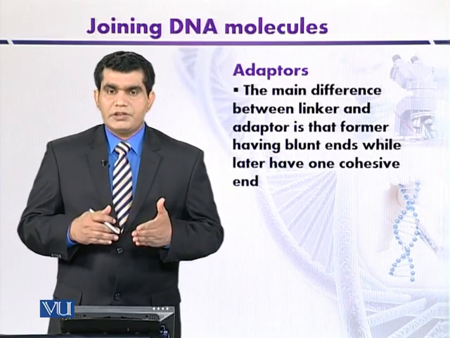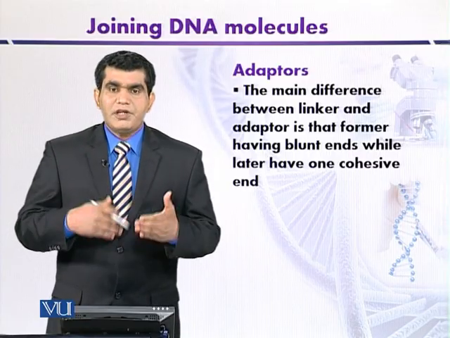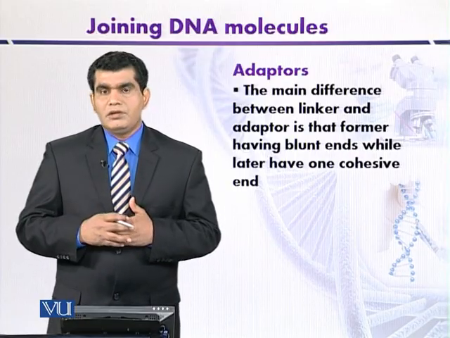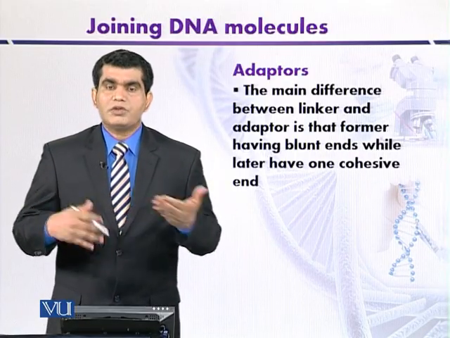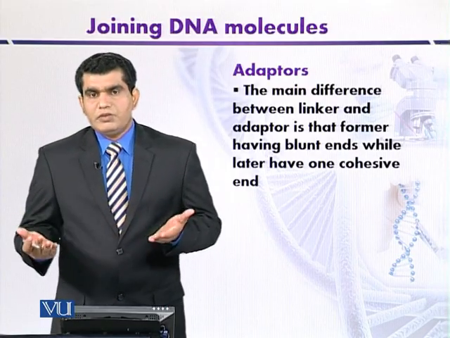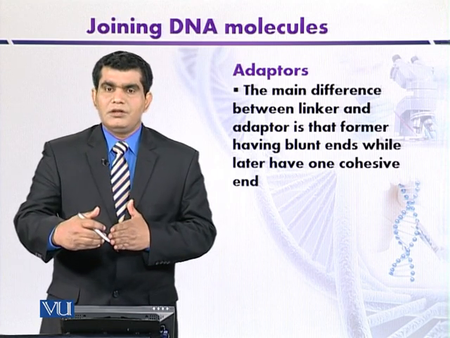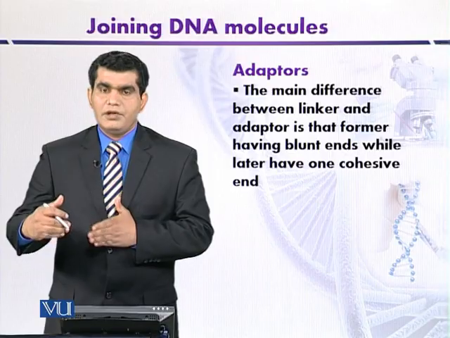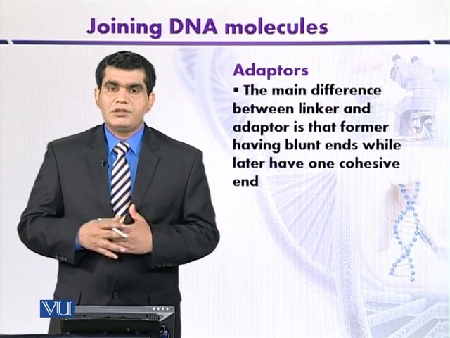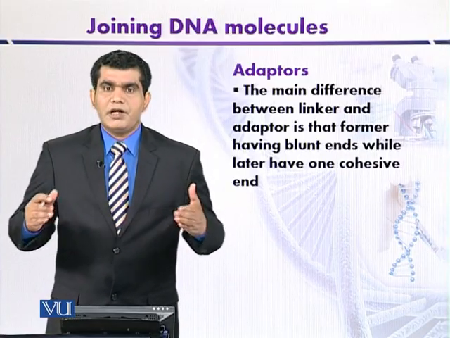In both cases, after transformation and after replication of the artificial recombinant molecule in a suitable host organism, after treating with BamH1 or any other enzyme, we can excise the whole target or foreign DNA. So this is one of the advantages of the use of linker or adapter molecules that can mediate blunt end ligation.